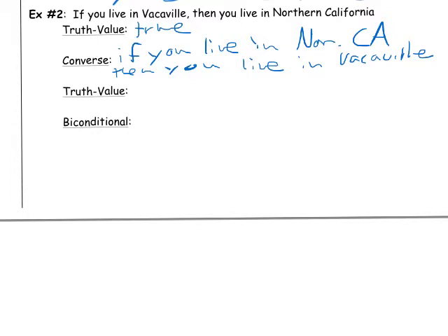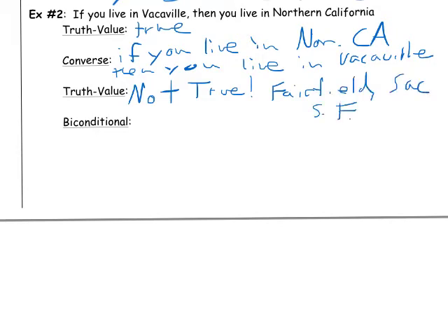And that's obviously not true, right? So we could say not true. And why? Well, we could live in Fairfield. We could live in Sacramento. We could live in San Francisco. Those are all still Northern California, and they're definitely not Vacaville. So we can't even write this as a biconditional because it's not true both ways. All right, let's go on.